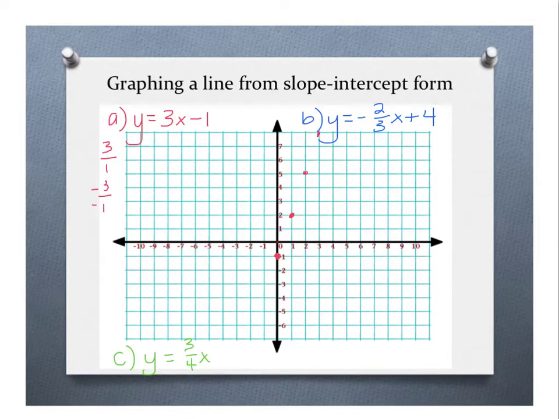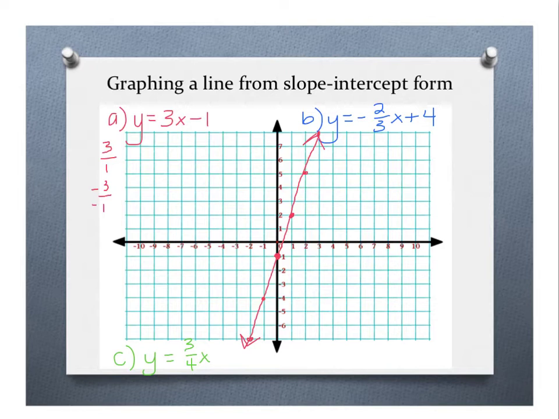And there's another one. And I can go the other direction. Rise of negative 3, 1, 2, 3, down. Run of negative 1, going to the left one. And then one more. We're going to draw our line all the way across. Please excuse its crookedness. And there you have it. We graphed a line. Didn't have to make a table of ordered pairs or anything.